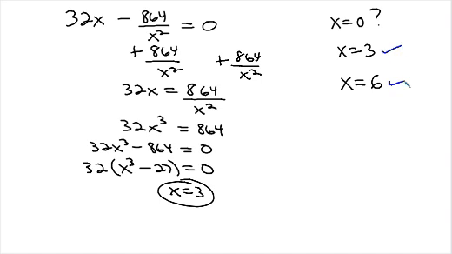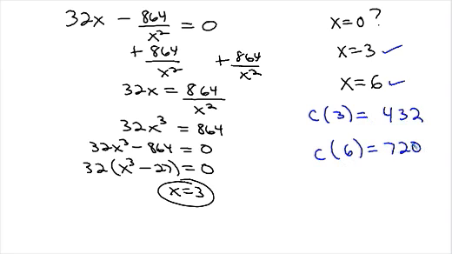If we do a candidates test, C of 3 is 432, and C of 6 is 720. This is our minimum cost.